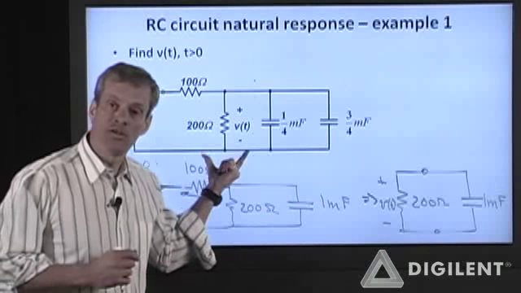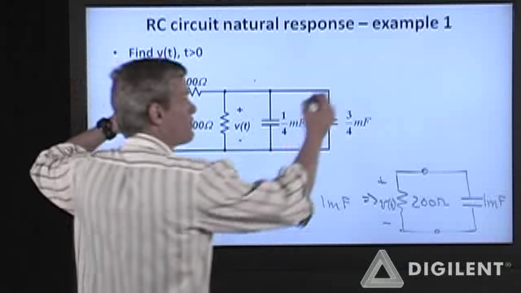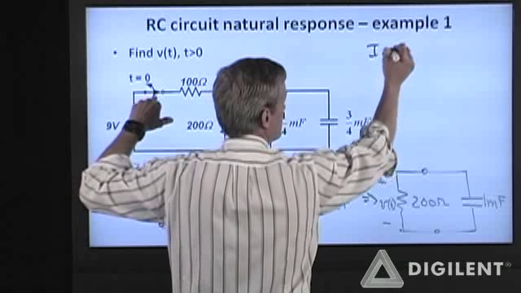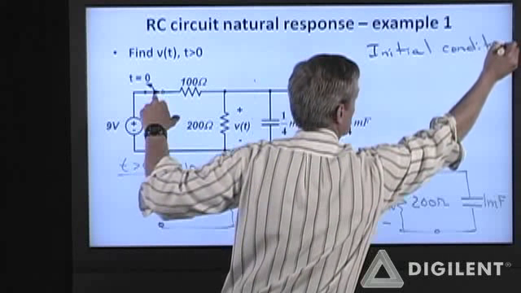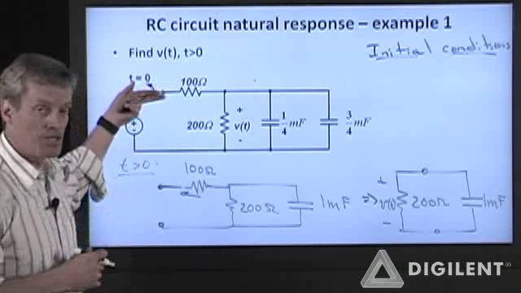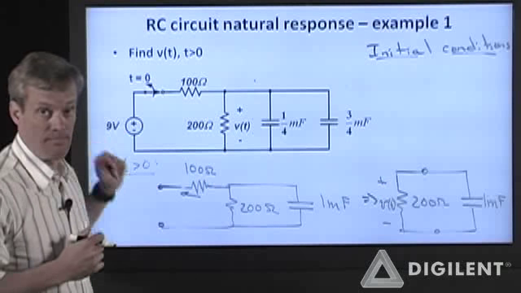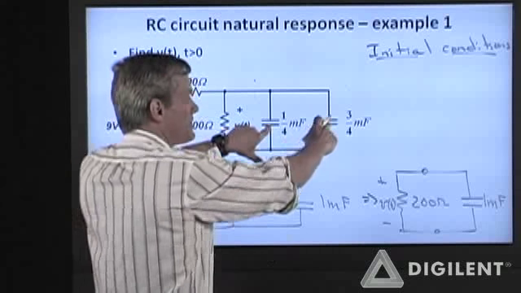We also need to determine the initial conditions. Before this switch is opened, everything in this circuit is constant, assuming that the switch has been closed for a long, long time. Okay, so before we have this open, everything's constant.